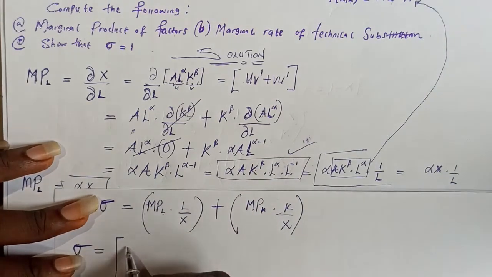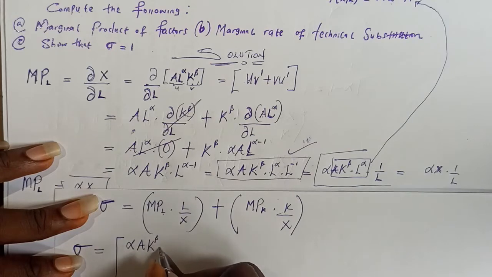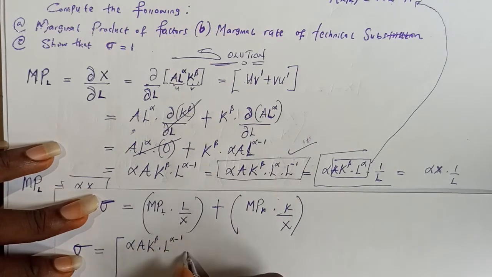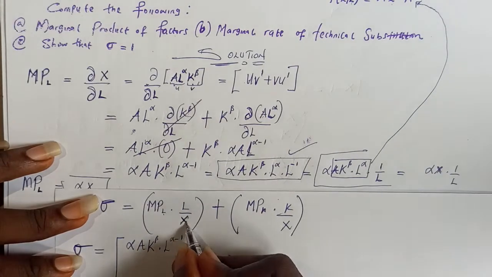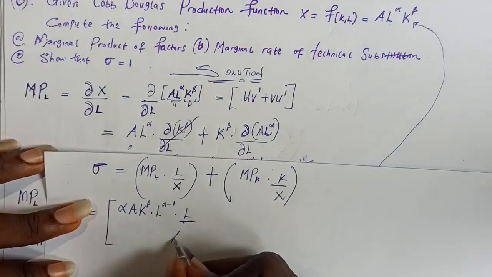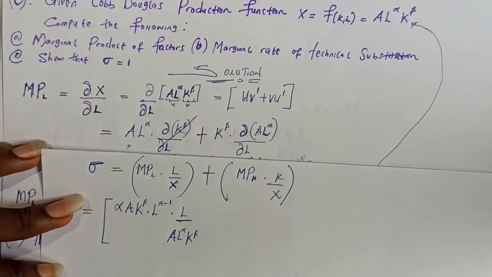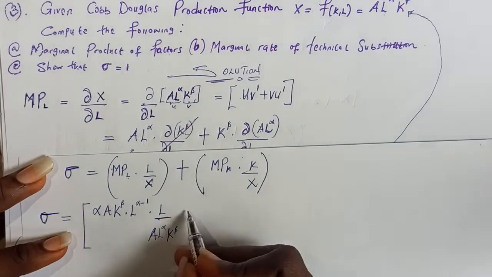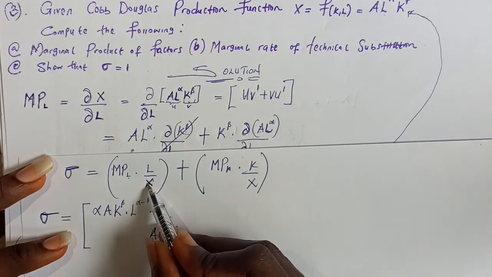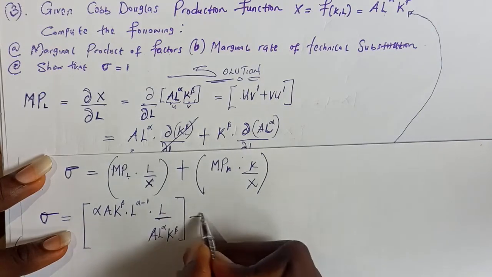If I substitute back to this case, I have alpha of A K raised to the power of beta times L raised to the power of alpha minus 1, then times L over X. And X itself is the production function, and the production function is A L alpha K beta. By the time we substitute the production function into this case, we have this.